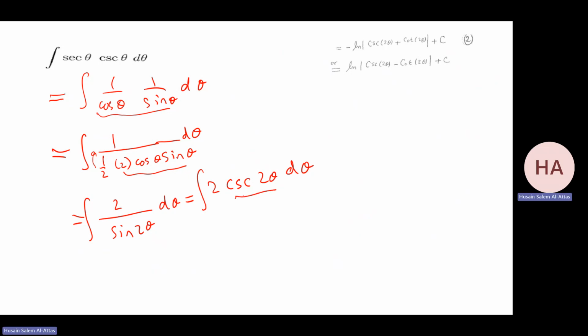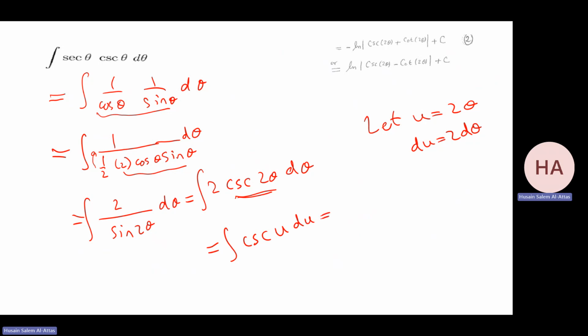What's the integral of cosecant? I have 2, so to be exact, let u equal 2 theta. Du will be 2 d theta. So I have this integral of cosecant u du.